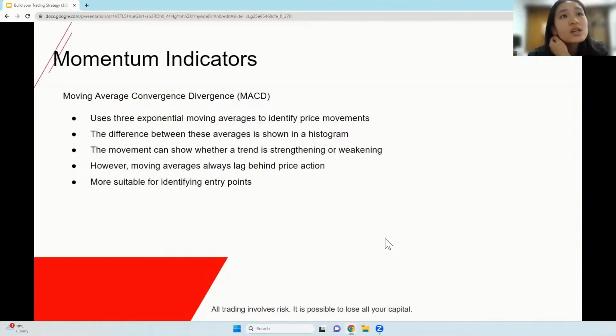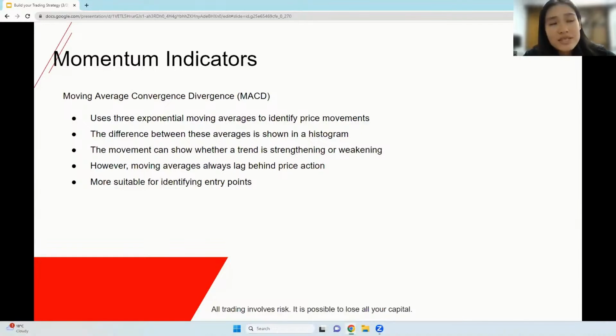Okay, so here, let's go through a couple of momentum indicators. Firstly, we have the MACD, which stands for Moving Average Convergence Divergence. The MACD line is calculated by subtracting the 26-period exponential moving average, or EMA, from the 12-period EMA. The signal line is a 9-period EMA of the MACD line.